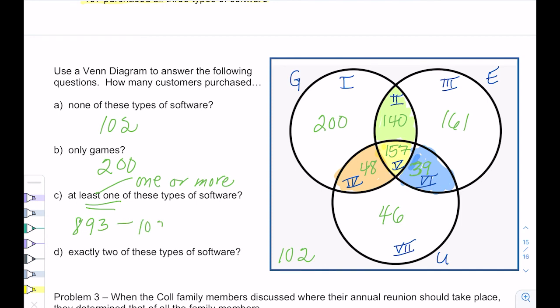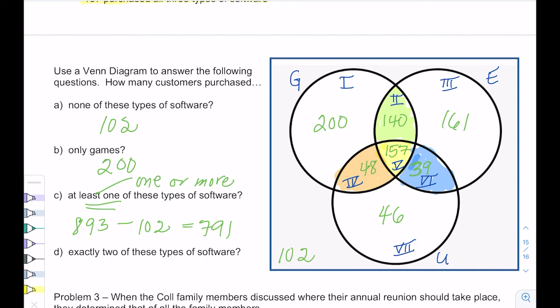So we're going to subtract out the answer we got in letter A. Again, at least means one or more. So if you take the total number of people that were surveyed and you subtract out those who didn't buy any of that software, it's going to leave you with at least one person who bought that type of software. So when you subtract those two numbers, you get 791. So 791 customers bought at least one of those types of software.